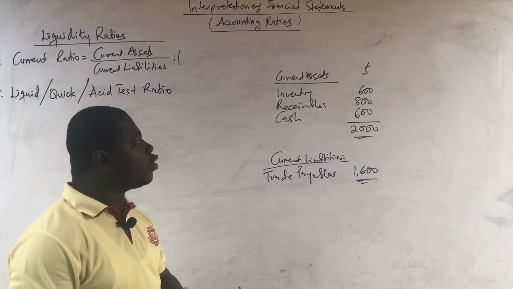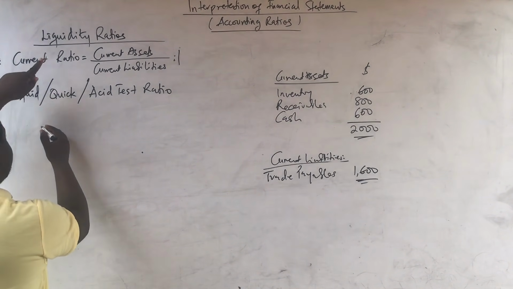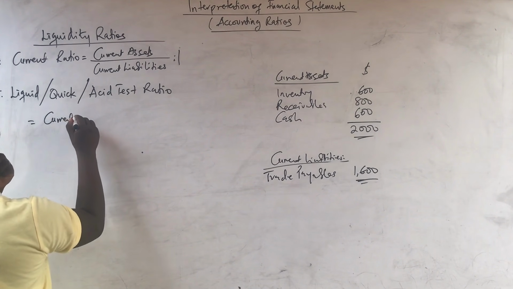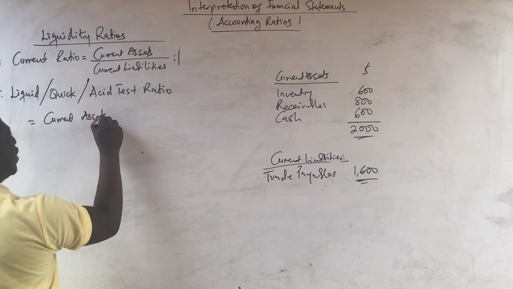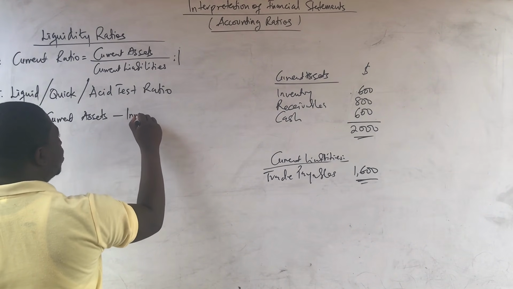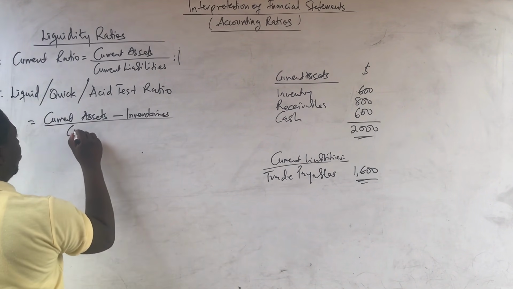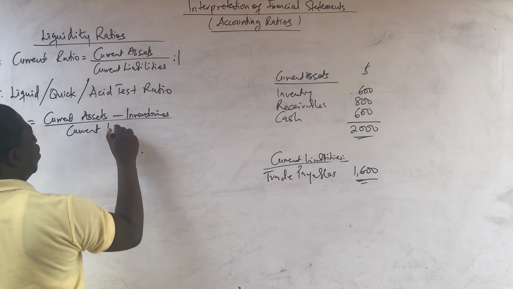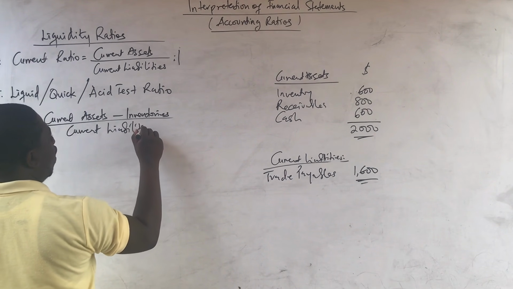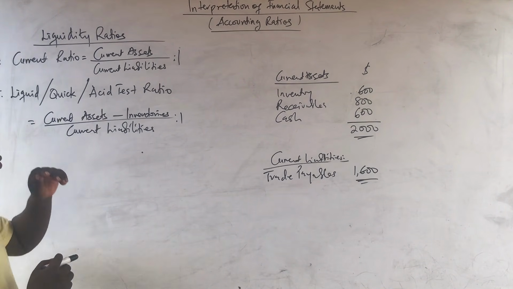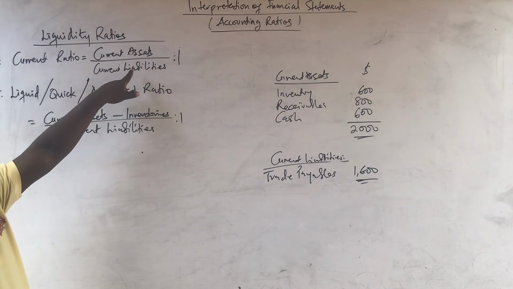Okay, so now it modifies this formula a little, and it's going to become current assets minus inventories, all over current liabilities, is to 1. So you see that nothing has really changed about this formula.